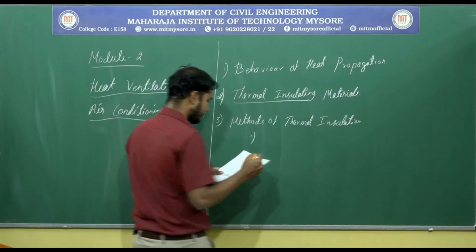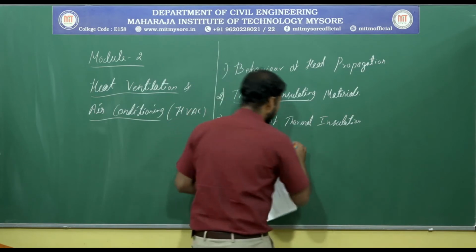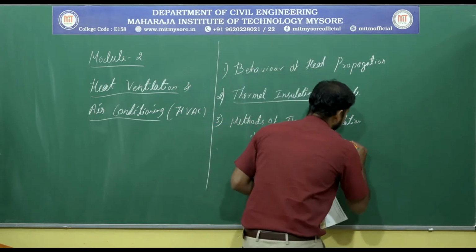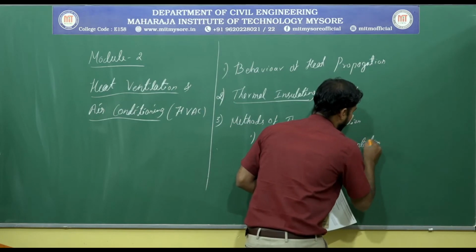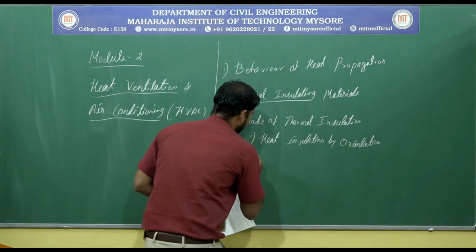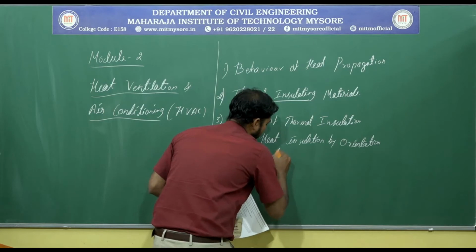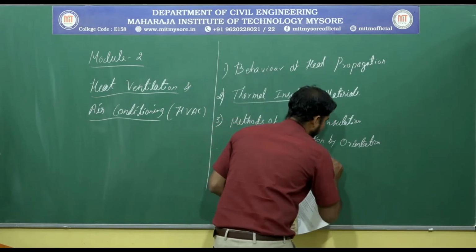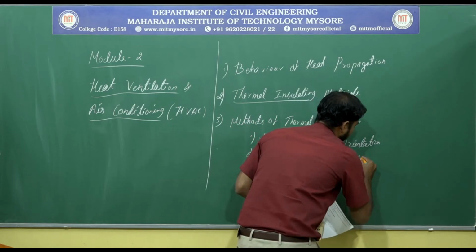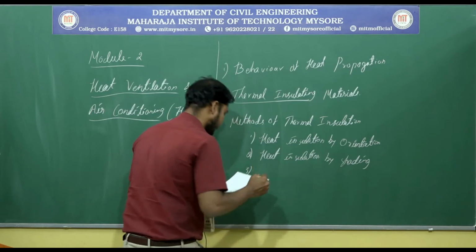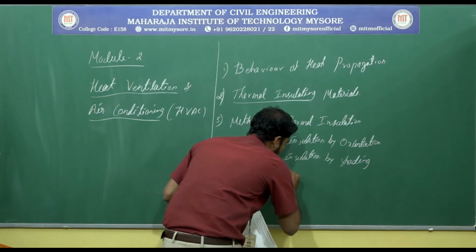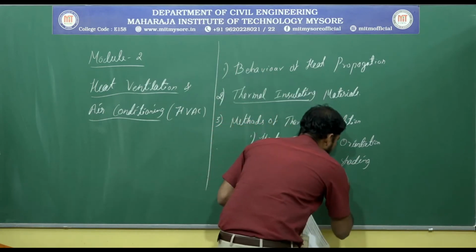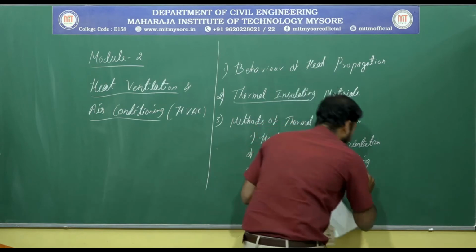The first one, heat insulation by orientation; the second one, heat insulation by shading; and the third method, heat insulation by proper height of ceiling.